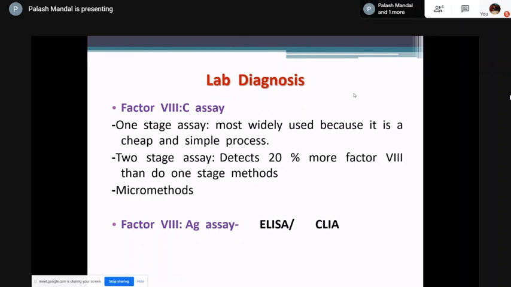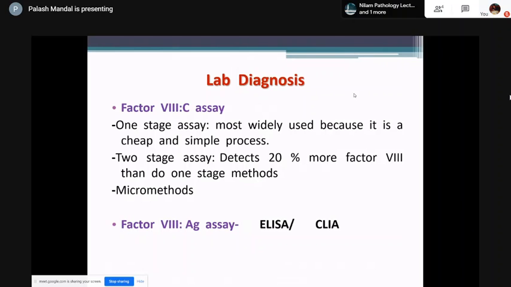So initially we used to do mix and match studies. Mix and match studies means we take a deficient plasma and mix it with the normal plasma of a person, and if the particular test, that is the APTT, becomes normal, we used to think a particular factor is deficient.